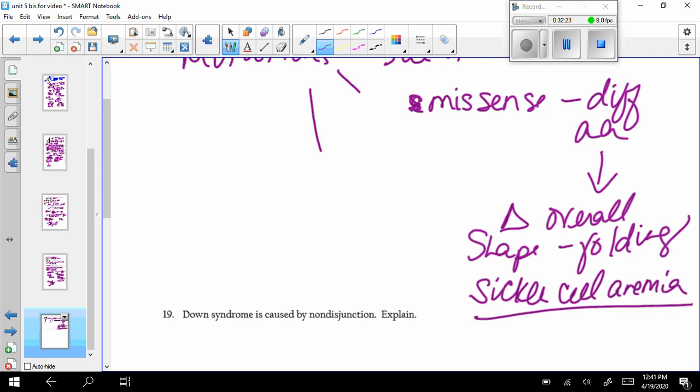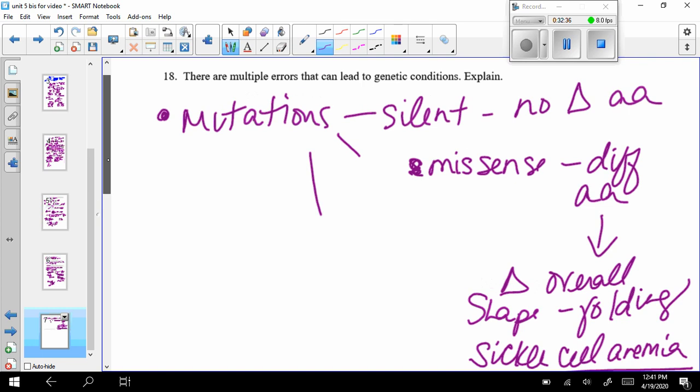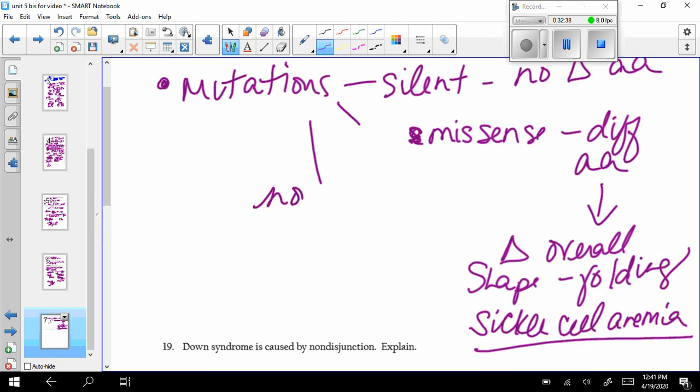So a single change in a nucleotide could actually end up giving you different mRNA, which codes for a different protein, which gives you a different shape, which makes your cells not work. And then the last one was called nonsense, and nonsense coded for a stop. So that's definitely going to alter your overall protein that you make, and it might not be functional at all.